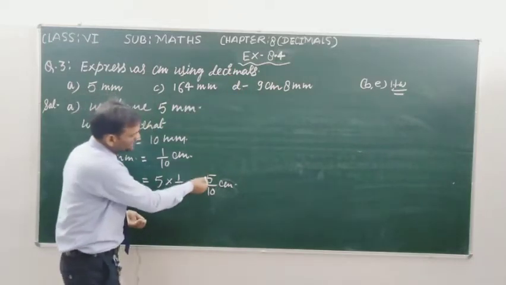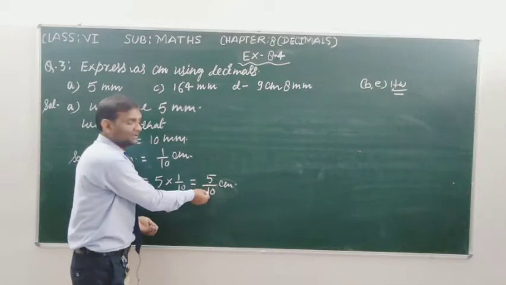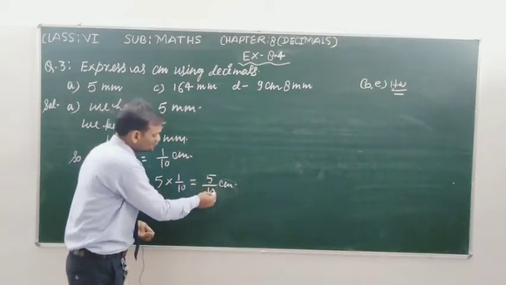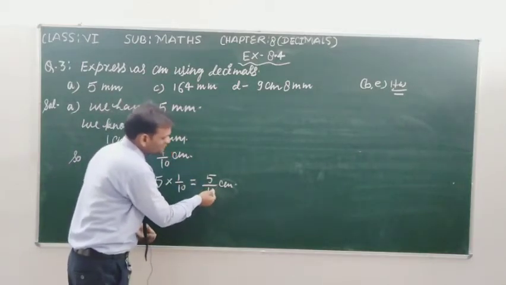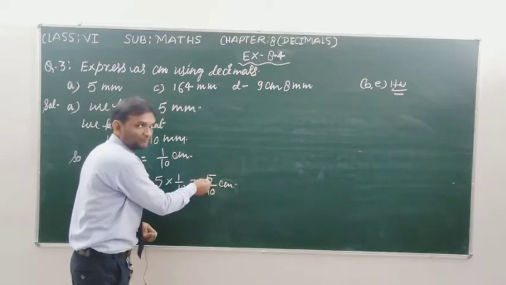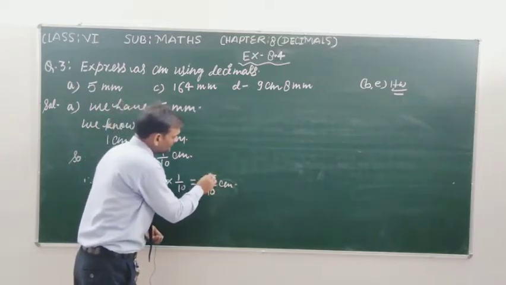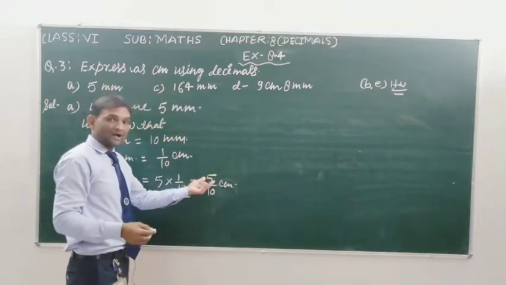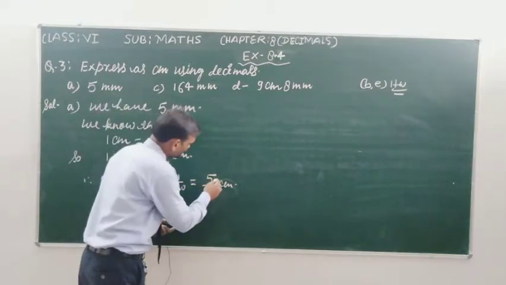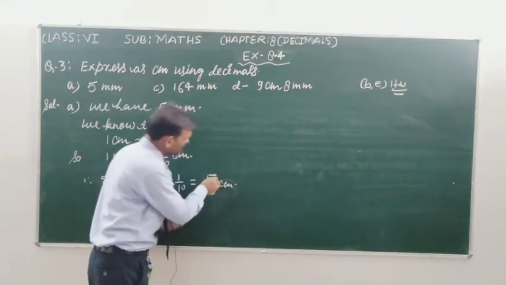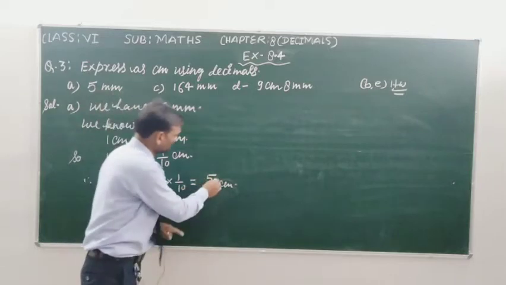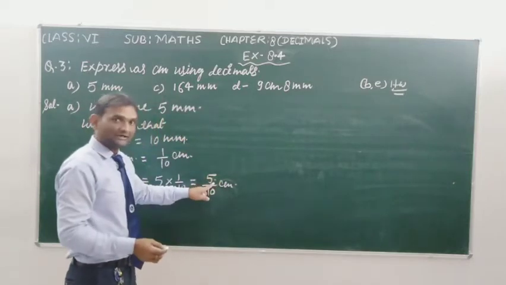So student, divide 5 by 10. You are seeing here that 10 has 1 zero and this is a whole number. If I ask you where is the decimal in 5, you can say that at the last of the 5 decimal is used. It is understood.